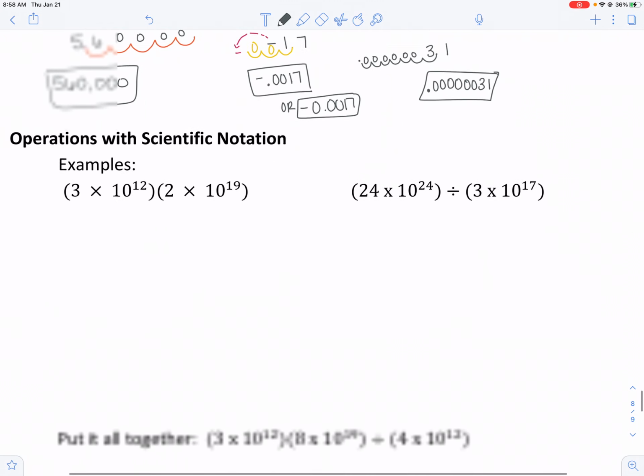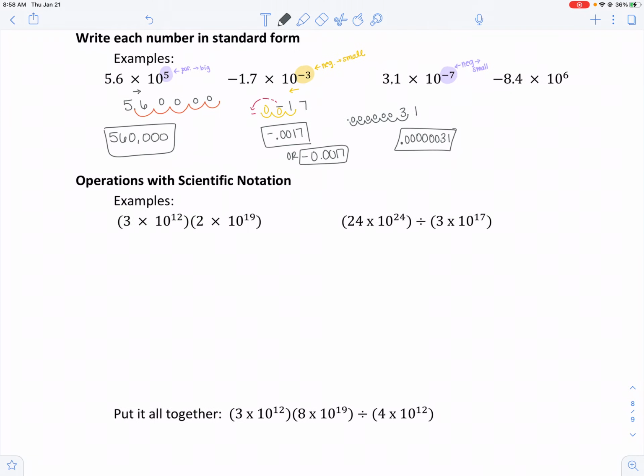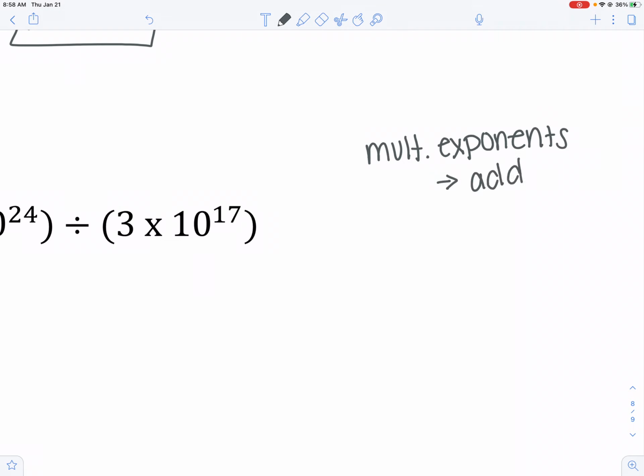All right, the last little piece is going to be operations with scientific notation. The thing to remember here is, if you are multiplying exponents, a rule we learned back in algebra, you are going to add the exponents.